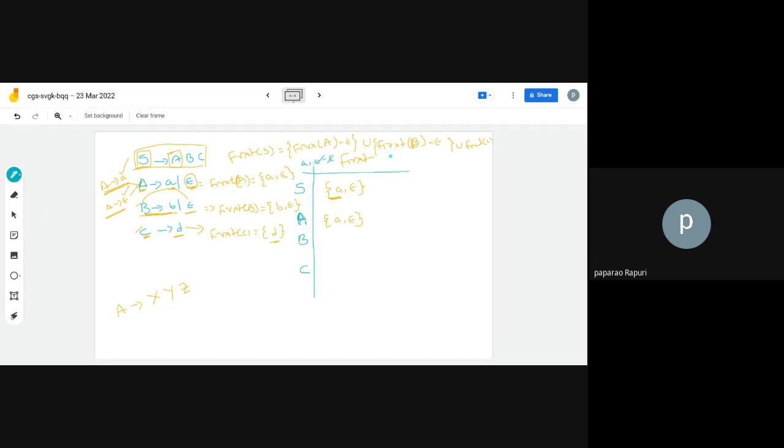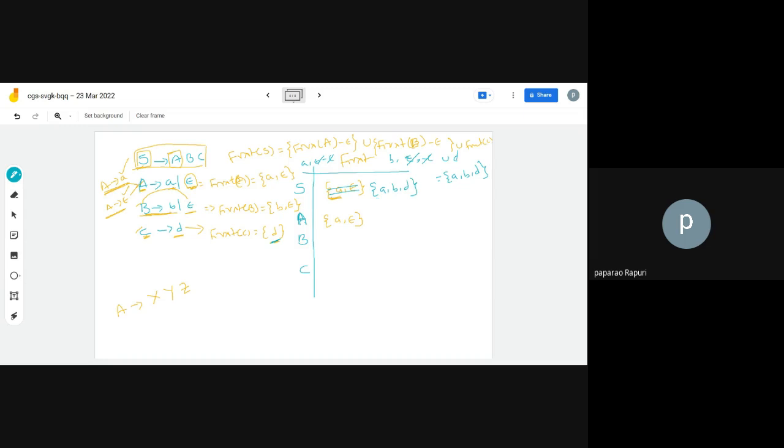Coming to b comma epsilon minus epsilon, epsilon cancels. And union of C. Sorry sir, what is this? D sir, this is small d. So from this we can add a comma b comma d.